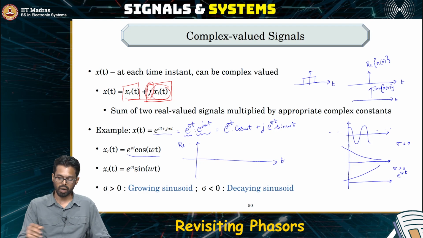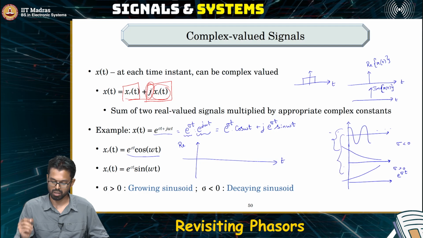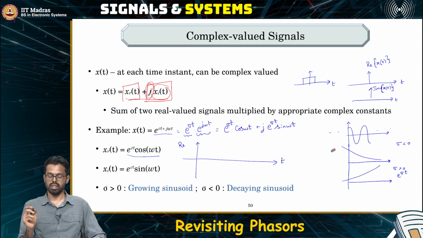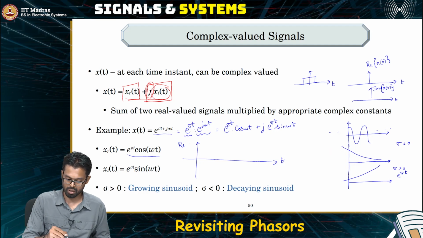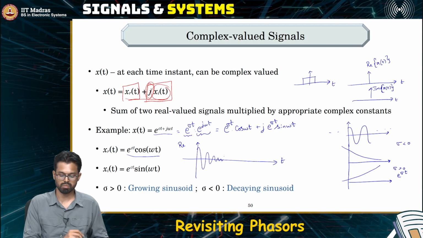Now, the real part is a multiplication of these two signals. Let's see what happens when sigma is less than 0, we have something like this.